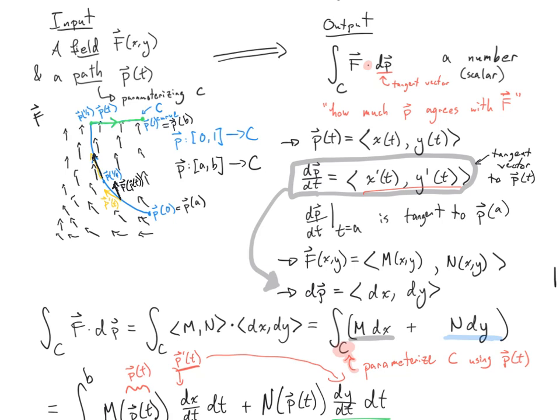Then the dot product is maximized, and so you're getting a very high number that you're adding up, or as close as you can to just multiplying these two things times each other.